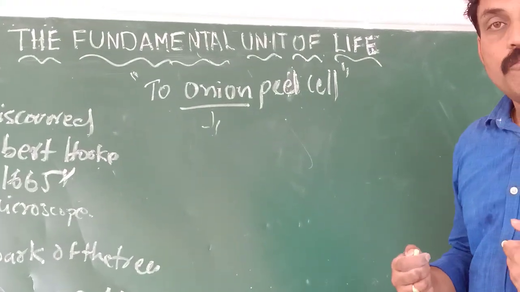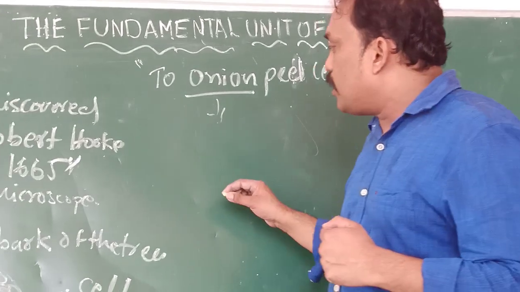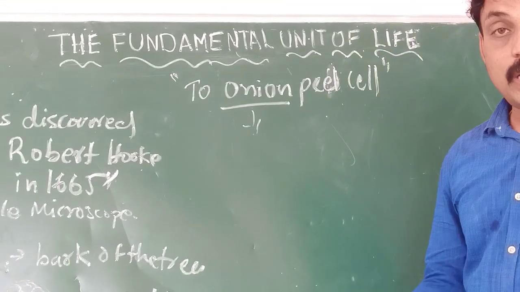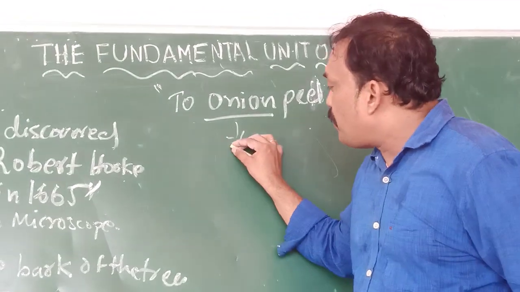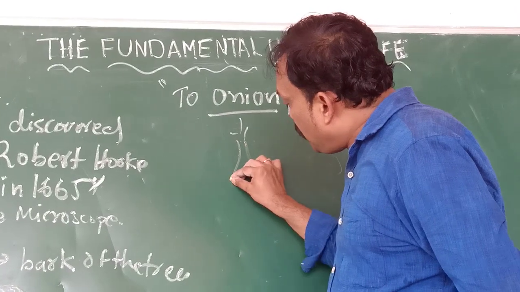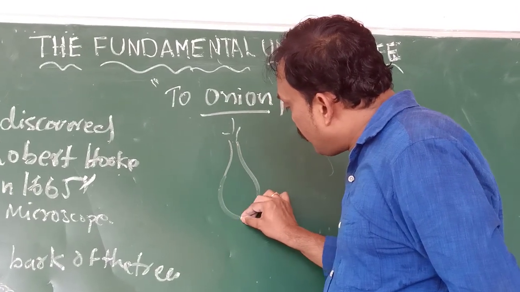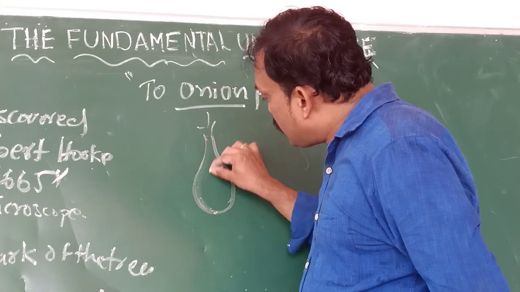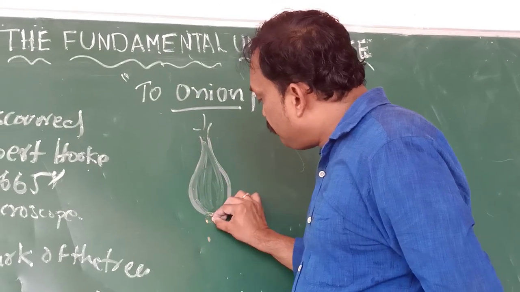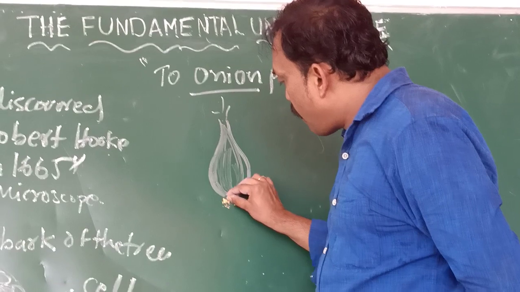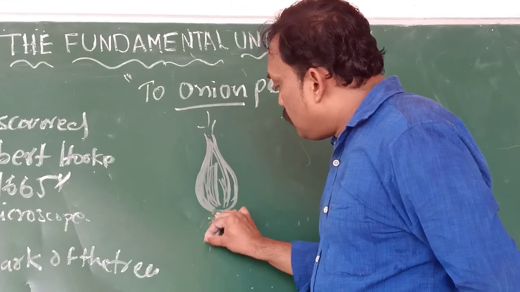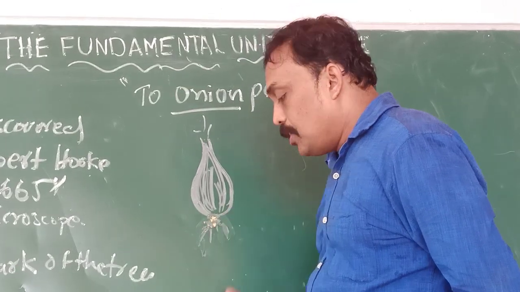Onion is also a plant. First of all, we have to do one experiment to observe onion peel cells. What do we have to do? First, take one fleshy onion, of large size.